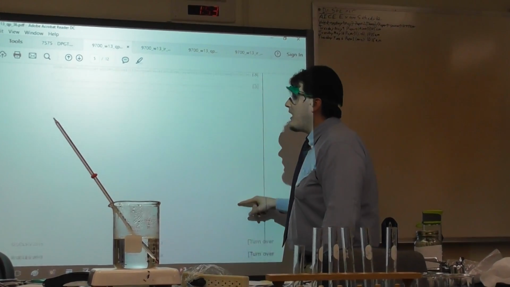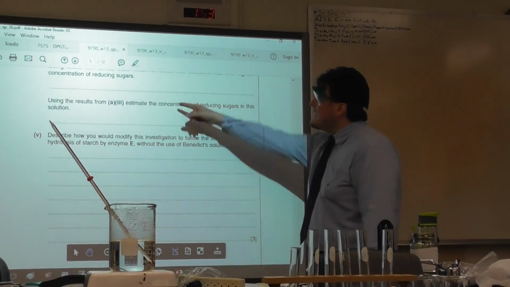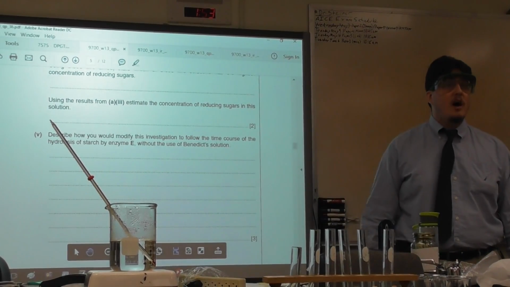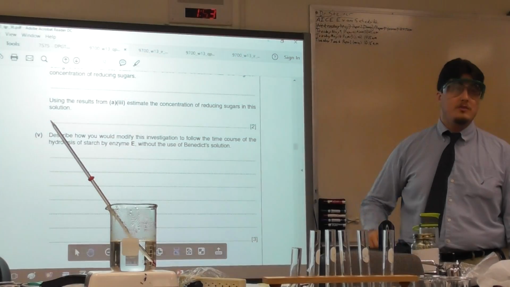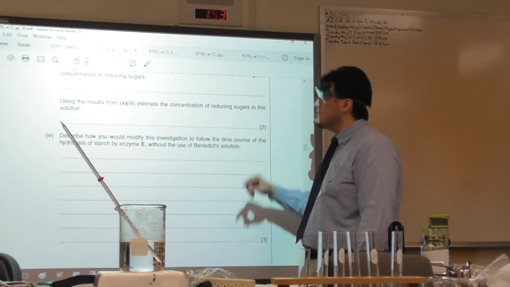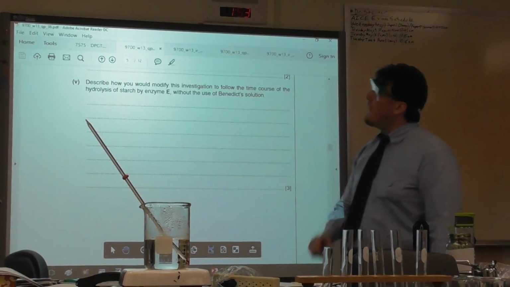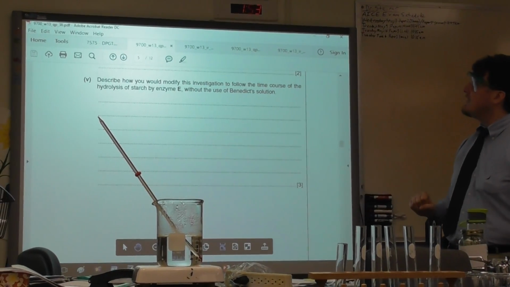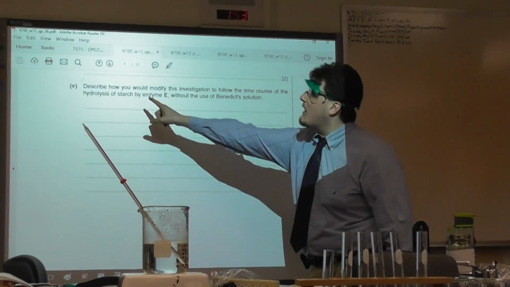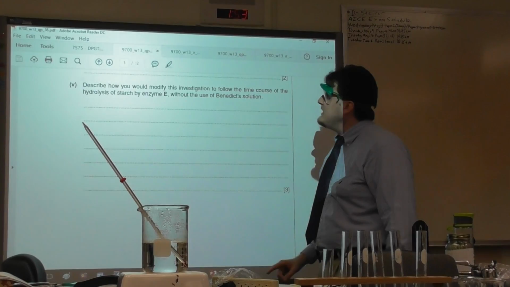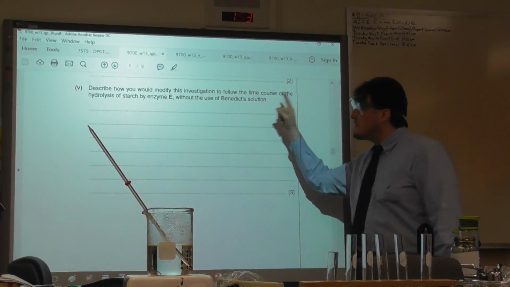Now, going back down here, I can then estimate the concentration of the amylase now found in these solutions. Now in part 5, describe how I can modify this investigation to follow the time course of hydrolysis of starch by an enzyme E without the use of Benedict's solution.